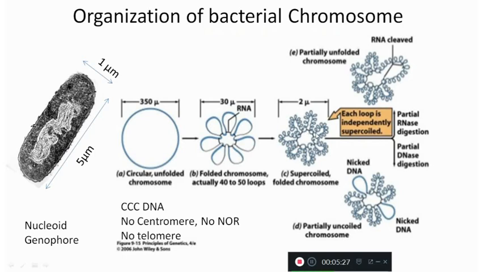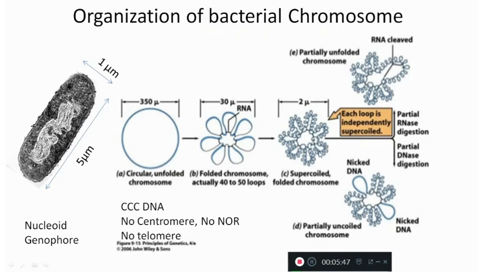Now it can fit if it goes through a third level of coiling, because this material is present in a helical way inside the cell and is elongated like this, so it can fit inside a bacterial cell. It takes one third of the volume of this cell, of course.